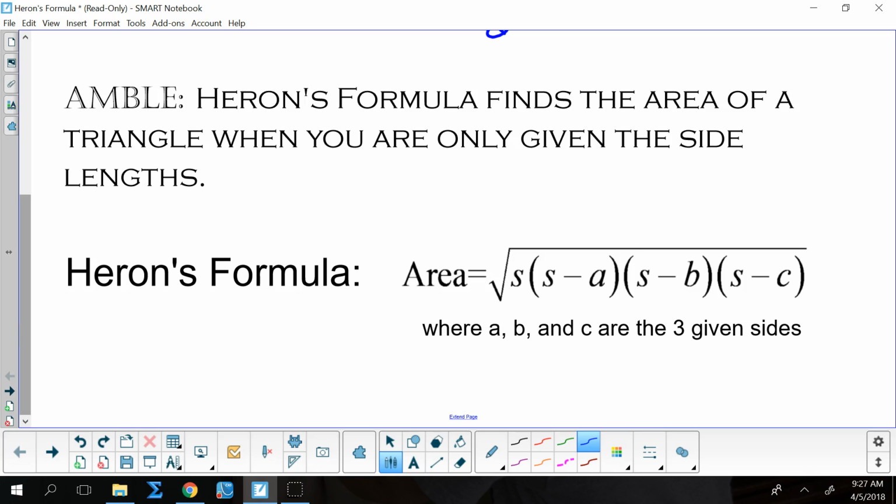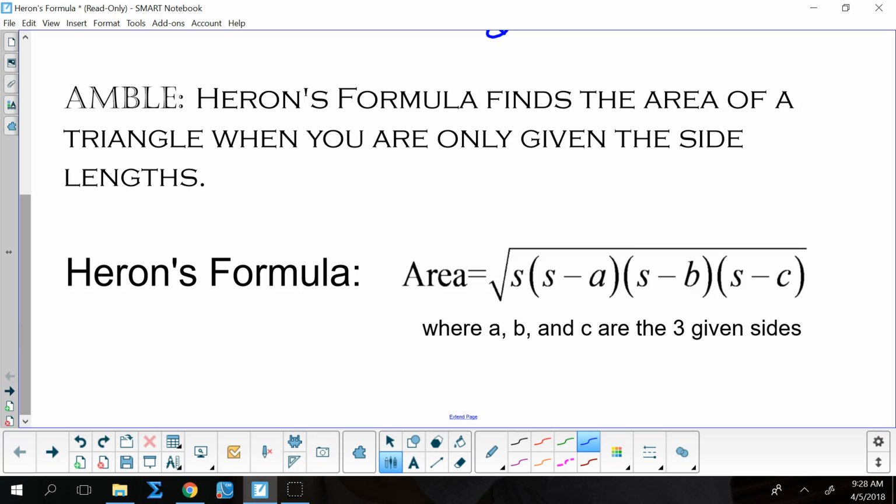So if I take the semi-perimeter, multiply it by the semi-perimeter minus one side, multiply that by the semi-perimeter minus the second side, multiply that by the semi-perimeter minus the third side, and then take the square root of that, that's going to give me the area. And that's all Heron's formula is.